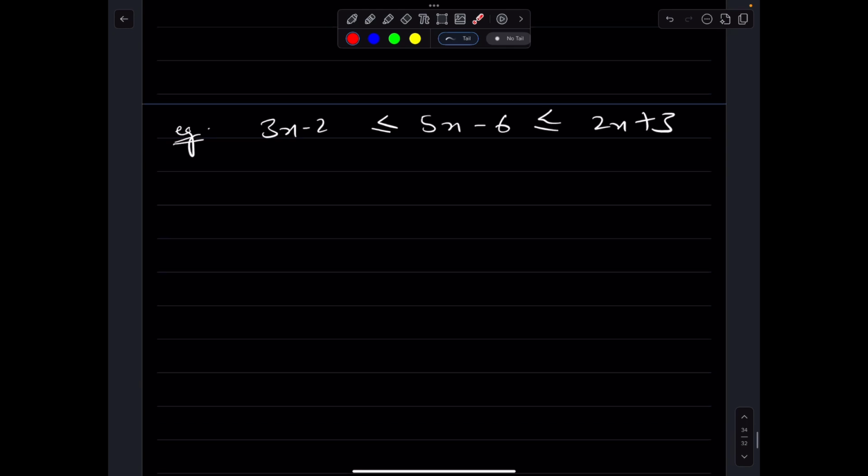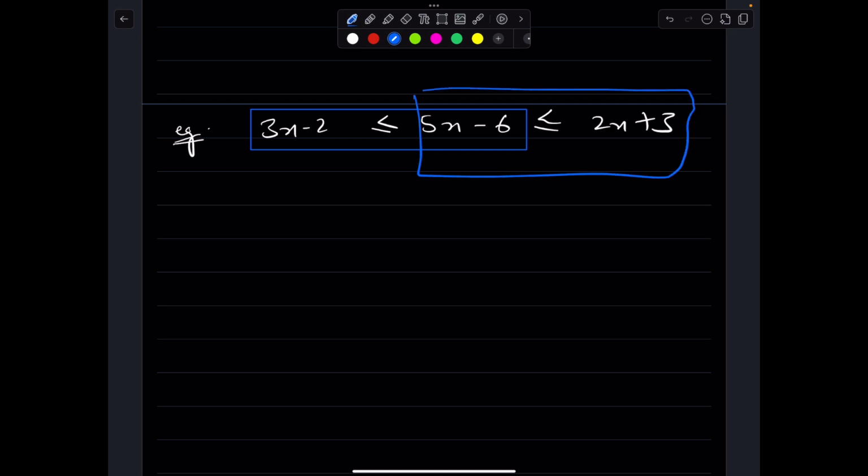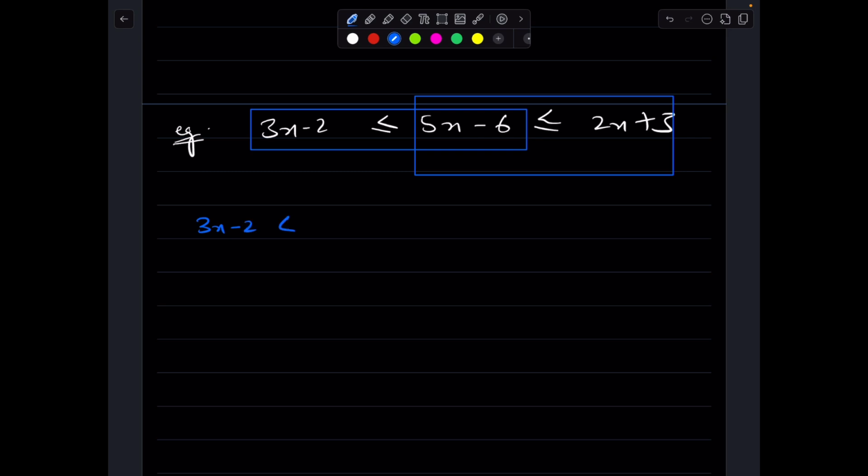And then our last and final example, what will we do in this case? We'll treat both the inequalities separately. So in the first case, we have 3x minus 2 is less than equals to 5x minus 6.